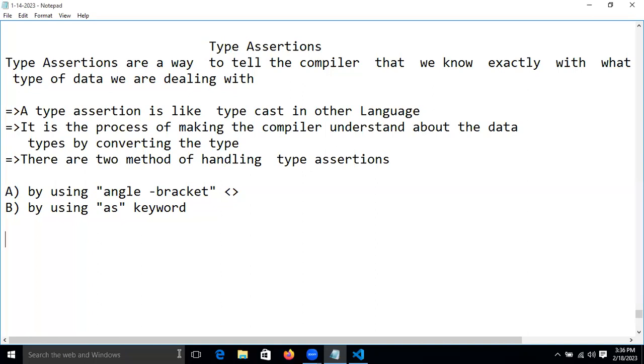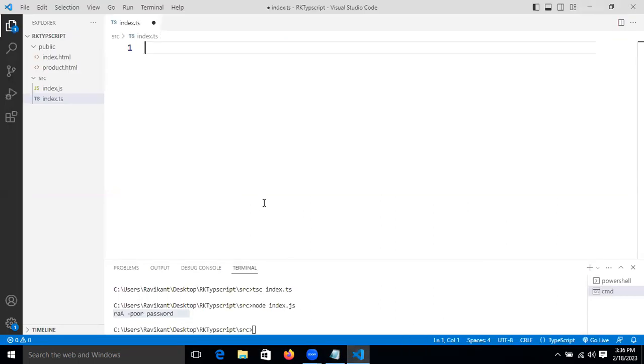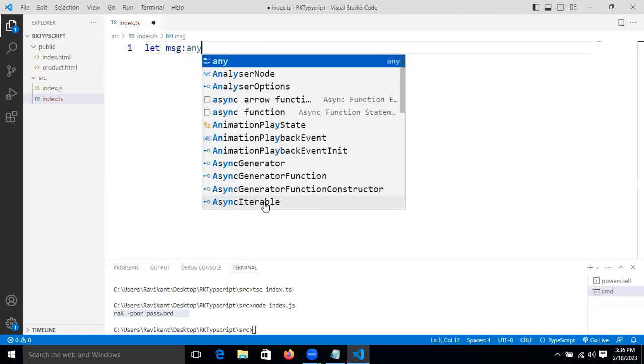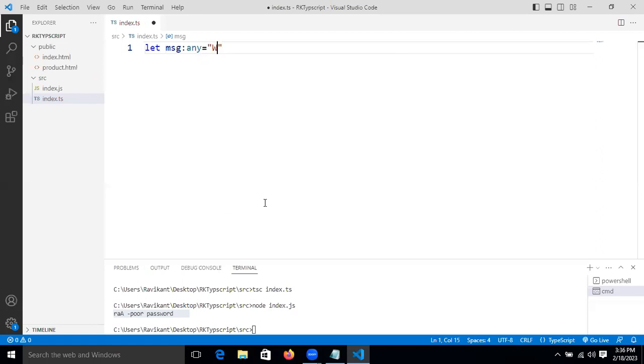Now I'm taking one example and I'll show you the problem without these things. Let's develop one example. Let's take a message of any type, with the value "Welcome to TypeScript".